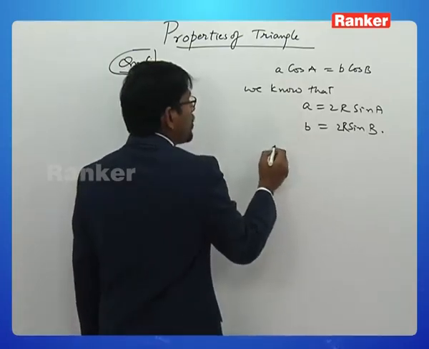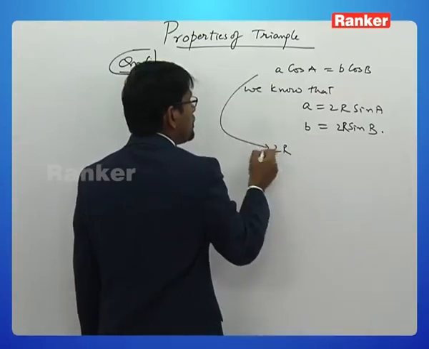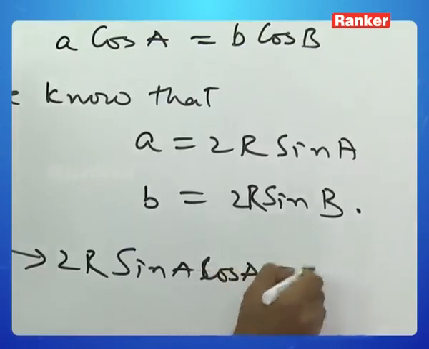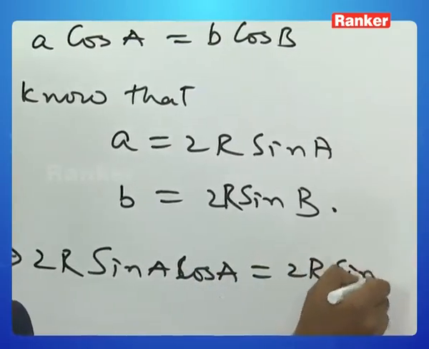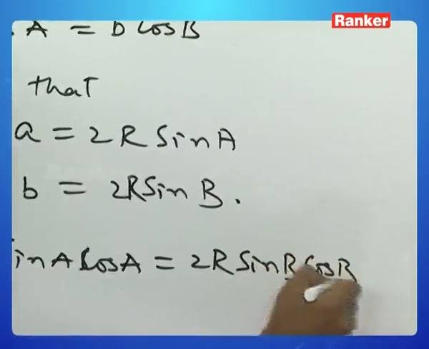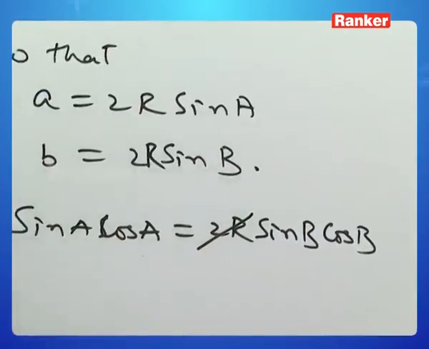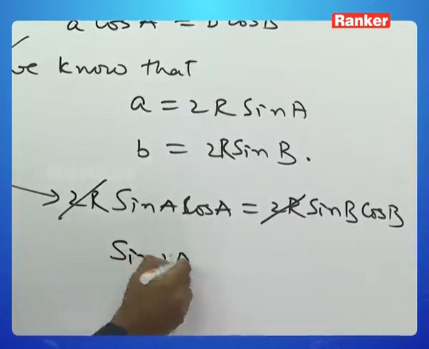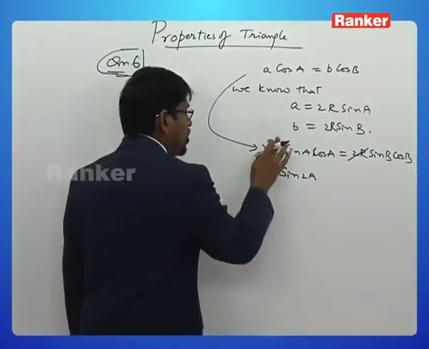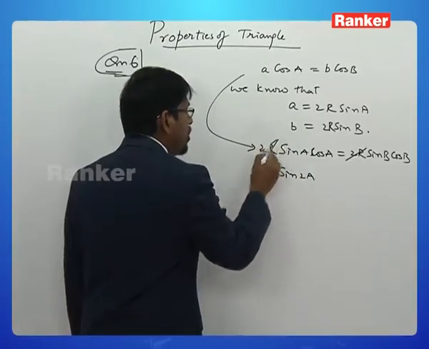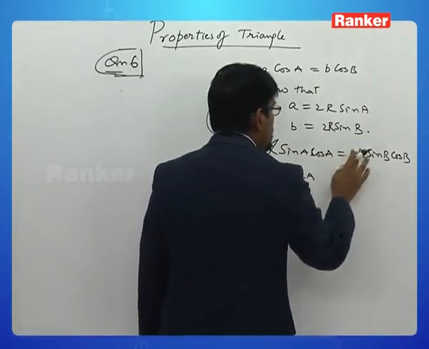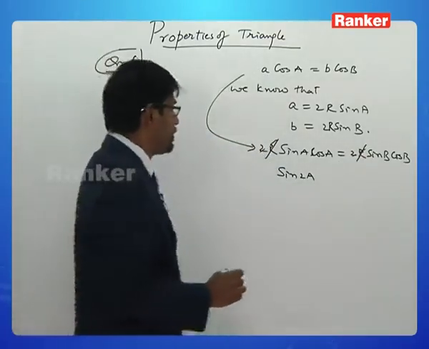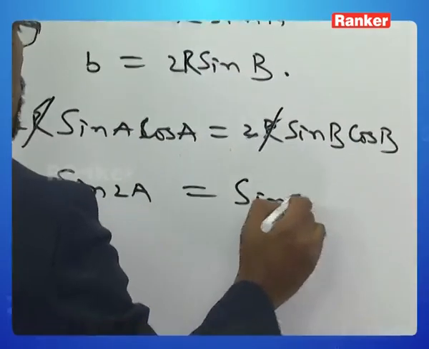So we have 2R sin A cos A is equal to 2R sin B cos B. Let's only cancel R. So 2 sin A cos A is equal to 2 sin B cos B, and that gives us sin 2A equal to sin 2B.